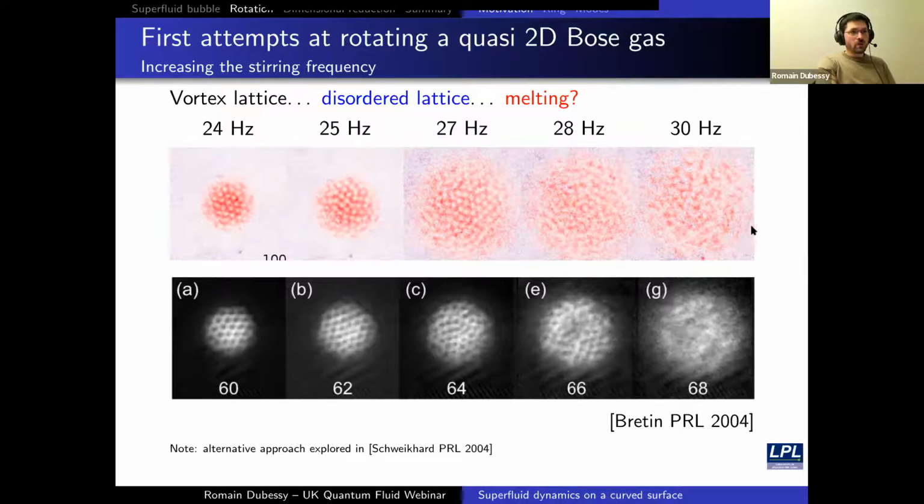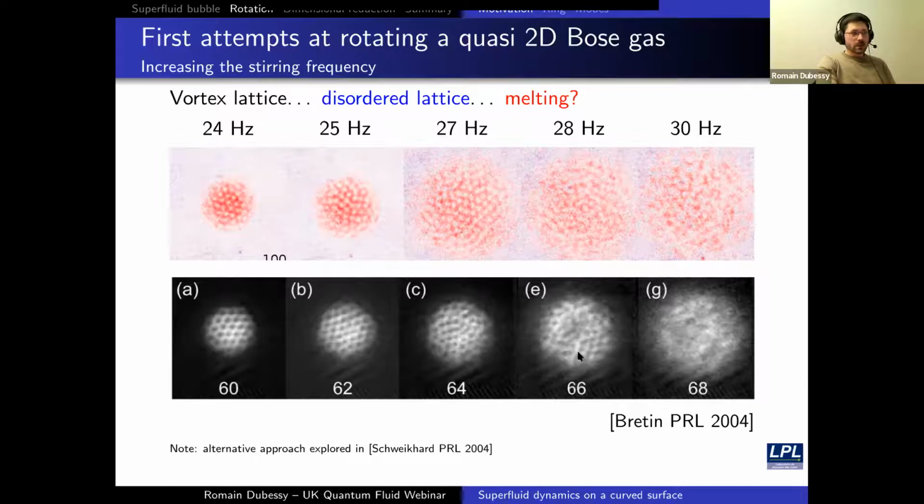So we have almost point-like vortices. Whereas in that experiment, it was a three-dimensional cigar-shaped BEC, so the vortices are very long in the plane perpendicular to the imaging axis. And in that case, we expect a different mechanism for the breaking of the vortex lattice.